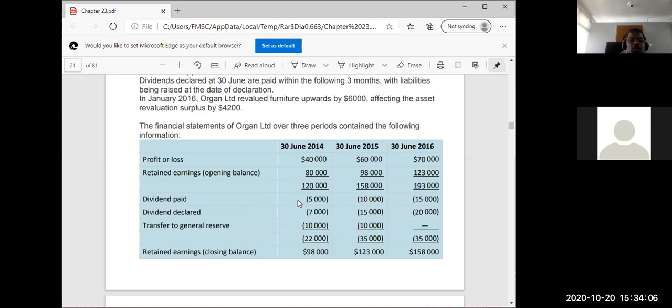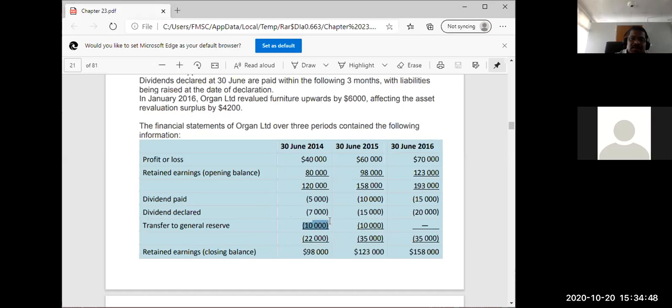Then dividend is not an expense. You deduct it from the equity statement, so dividend paid and dividend declared are given altogether here, and that is being deducted. And also the transfer to general reserve. Transferring to general reserve does not affect the equity method, because it's merely transferring a particular amount from one reserve to another. So there won't be a change in the equity.